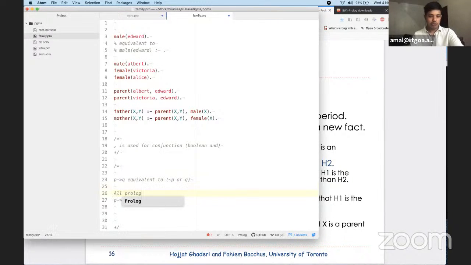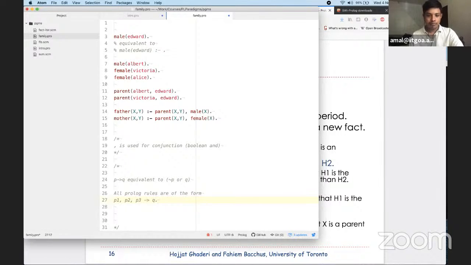All Prolog rules are of the form P1, P2, P3 implies Q.